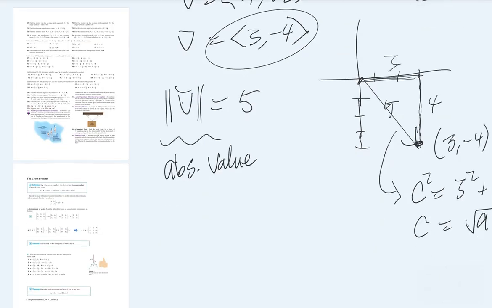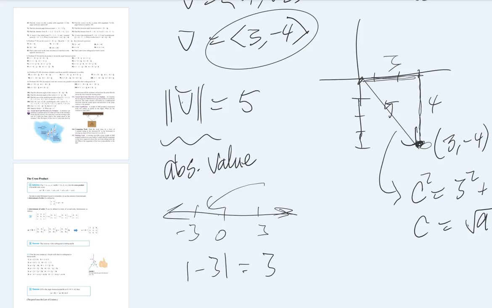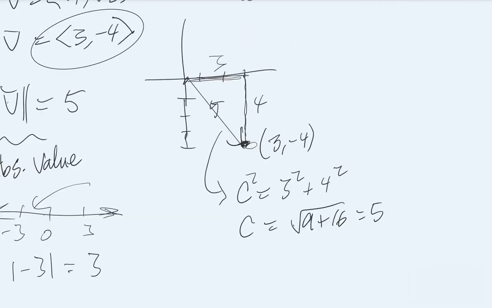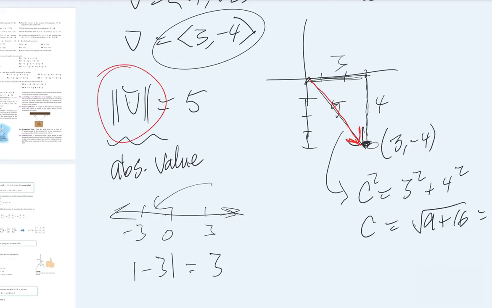So in previous math courses, when you asked what is the absolute value of, let's say negative 3, it is 3 because there are 3 units from the origin. And this vector is 5 units from the origin, going in a radial way. So that's the motivation behind why we use that symbol.